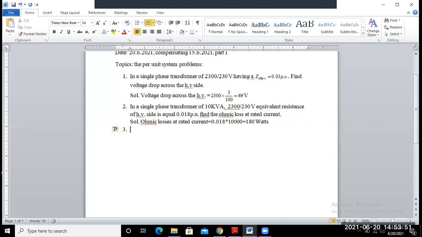So the next problem is to show that the per unit values of equivalent resistance, reactance and impedance of the LV side are equal to the per unit values of the equivalent resistance, reactance and impedance of the HV side. Just try to prove this.